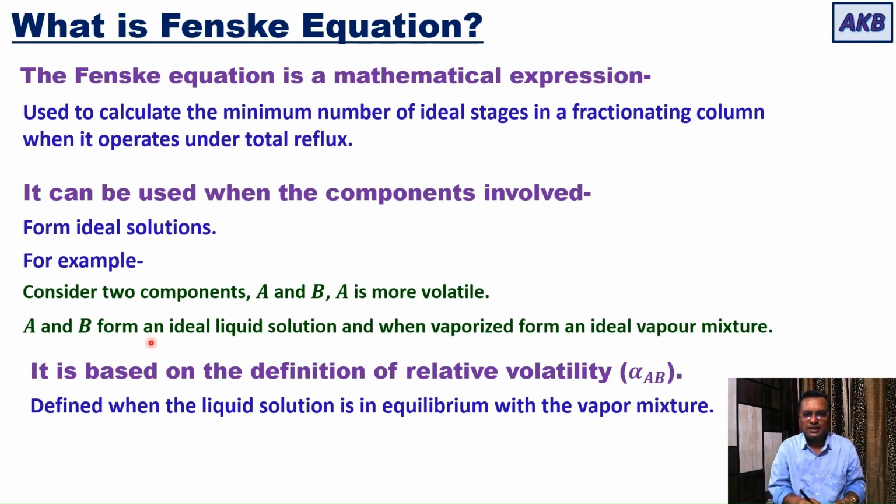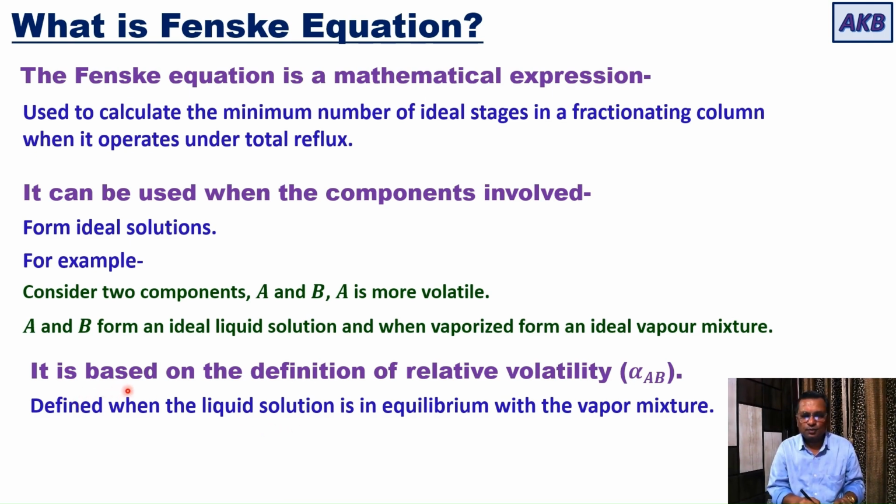For example, in our case, if you have a liquid solution of A and B, and this liquid solution is in equilibrium with the vapor mixture of A and B, then you can define the relative volatility.